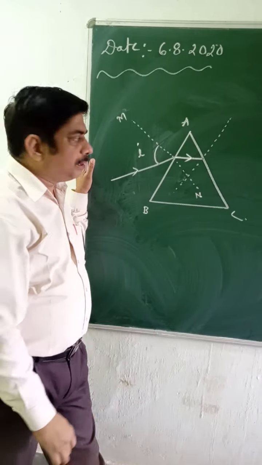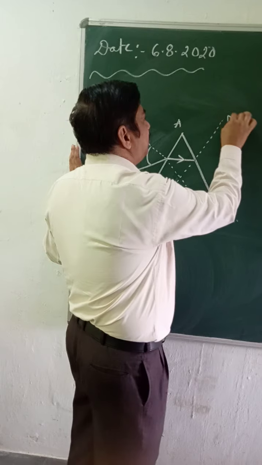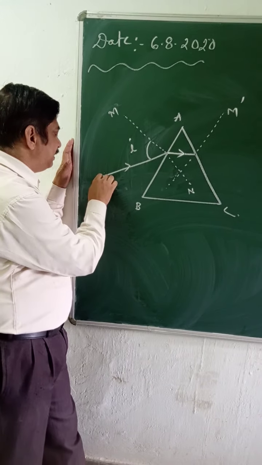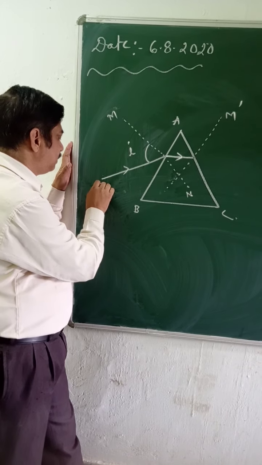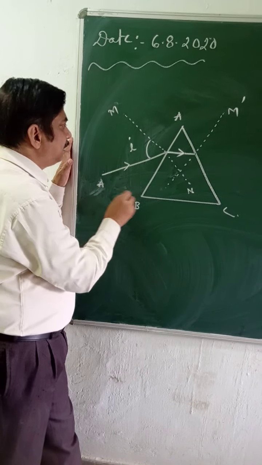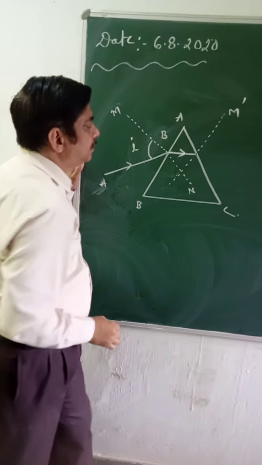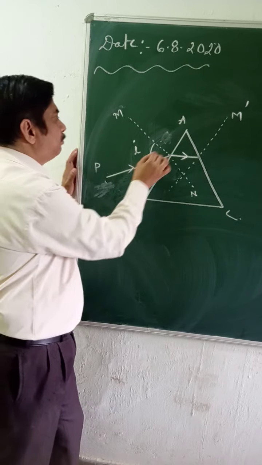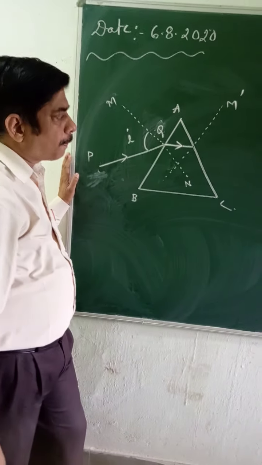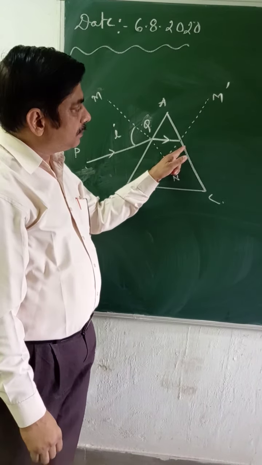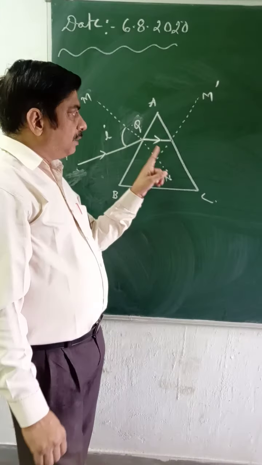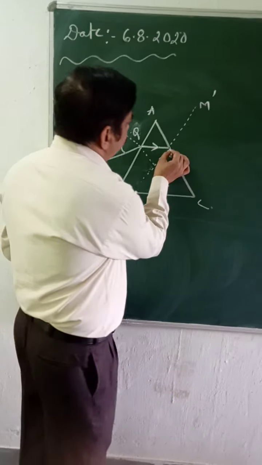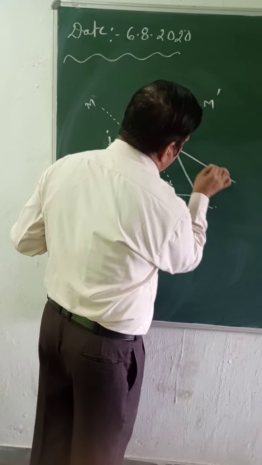So here in that case also this is the normal, and let it be M'N'. And now this incident ray is at P, or you can take A, and this point is B. Here AB we have already taken, so better we take B, P and this is Q. Now here at the separation of the two media, light starts from the denser medium reaching the rarer medium, so it has to bend away from the normal.